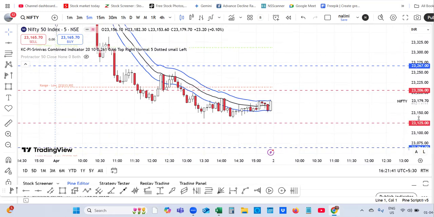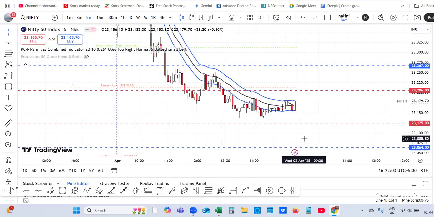In case it starts opening below, getting rejected, getting resistance, and then starts breaking below this level, you can anticipate Nifty breaking below this 124. You can anticipate Nifty going to 23,064.